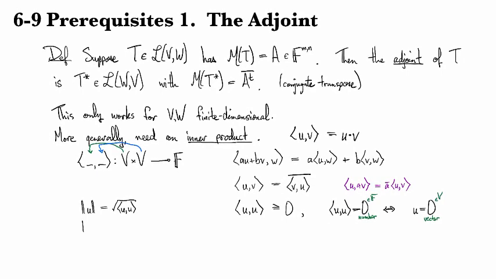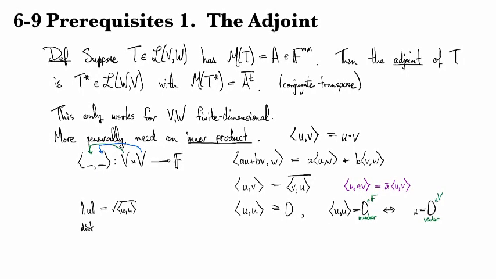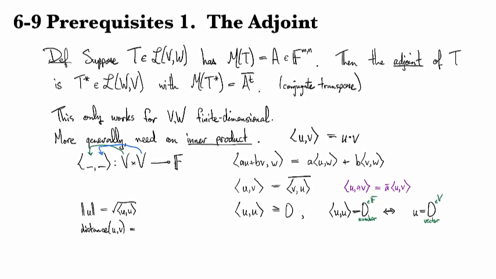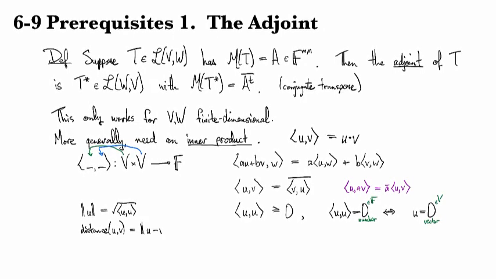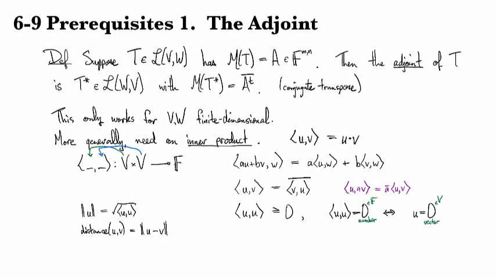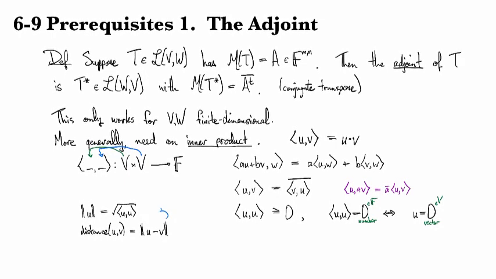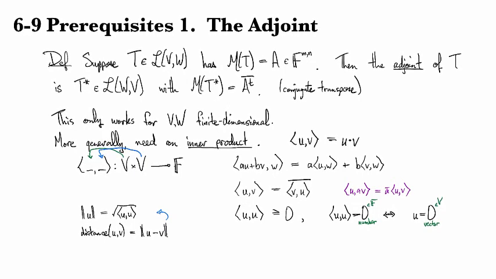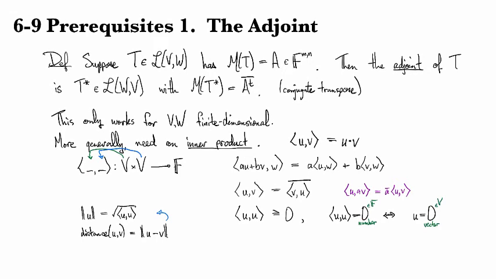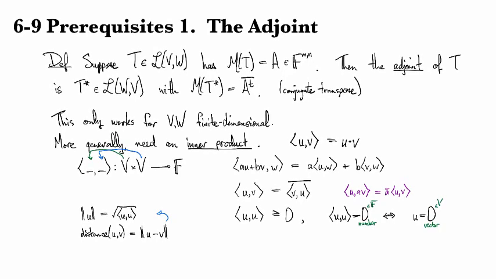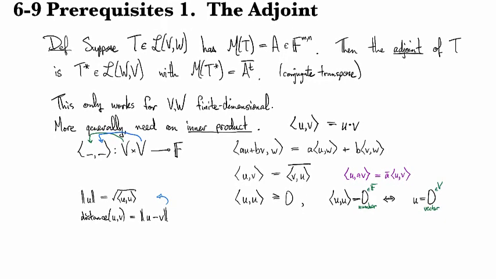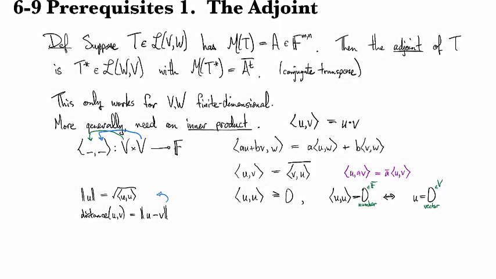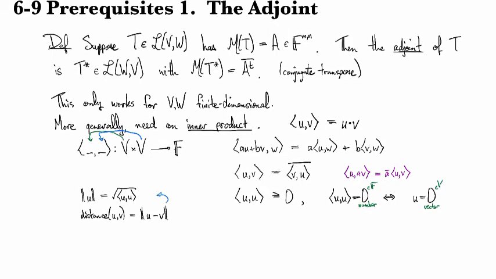So we say that the distance from u to v is the magnitude of u minus v, which is then defined by this formula right here. And this gives us a well-defined notion of distance and lengths and so on and so forth. And we have some idea of orthogonality, and you can do geometry, and everything is a great, lovely place. Like I said, it's a long song and dance. That's all of chapters 6 and 7 and so forth.